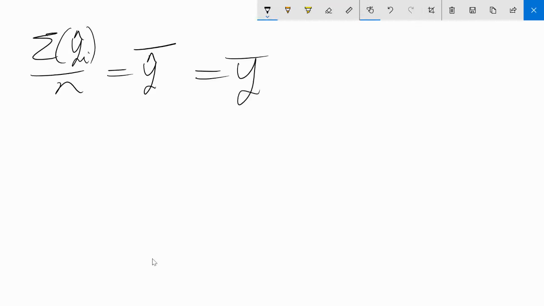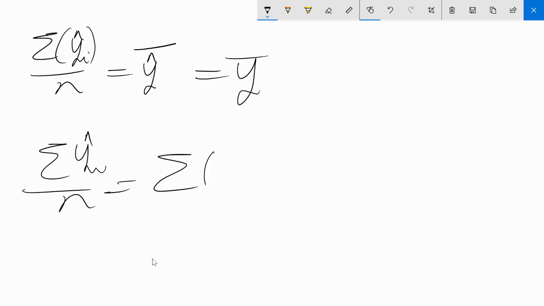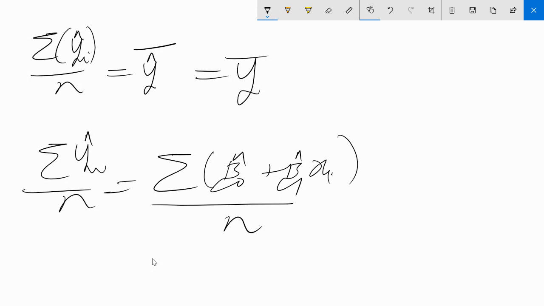Yes. So this is what we want to show. We have the summation of yi hat over n, and we know what yi hat is. So these ones are very simple.